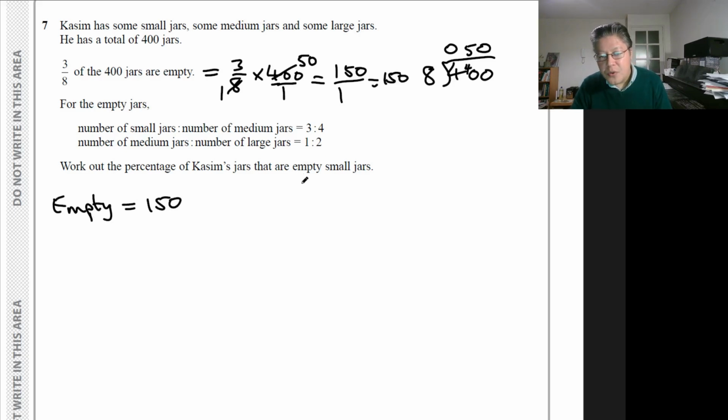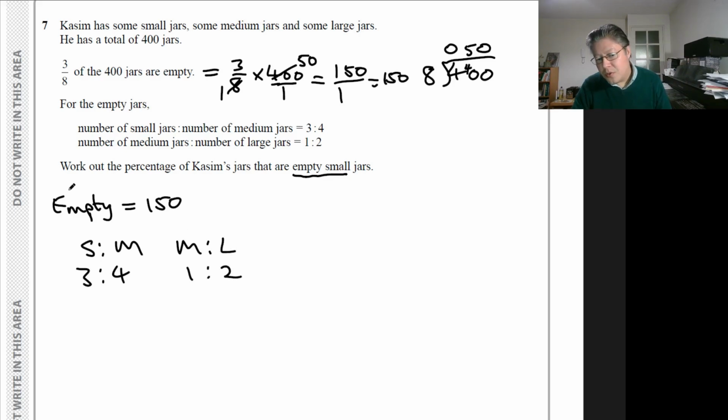Now we need to work out how many small empty jars there are. They must be empty and small, so we need to split this up using the ratios. Let's copy these ratios. Small to medium is 3:4, and medium to large is 1:2.